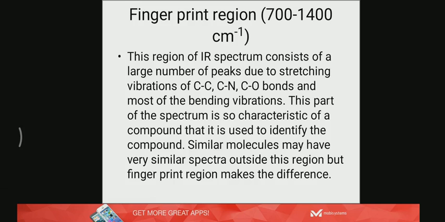The important aspect of this region is that this part of the spectrum is so characteristic of a molecule that it is used to identify the compound. It is the fingerprint of the compound. That means similar molecules may have very similar spectra outside this region, but the fingerprint region makes the difference.